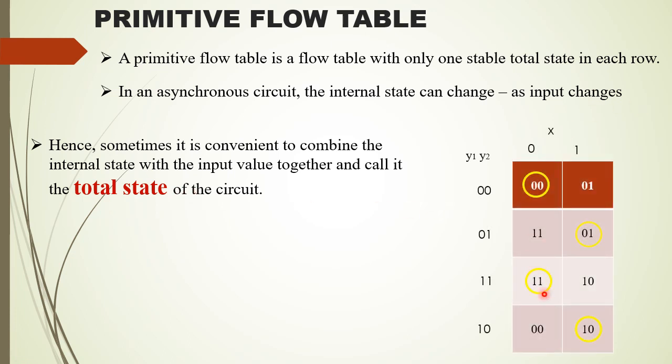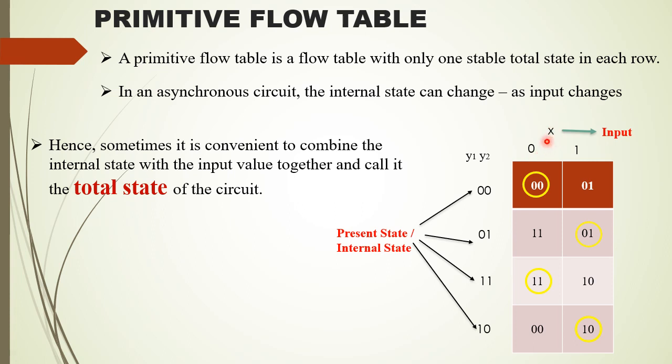This flow table we have already seen in the analysis video. This flow table consists of 4 rows which specify the present state or the internal state of the circuit, and we have one input.